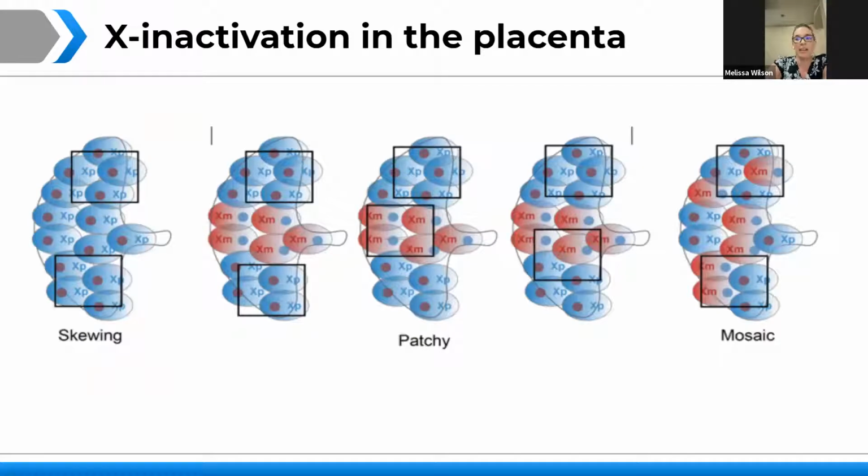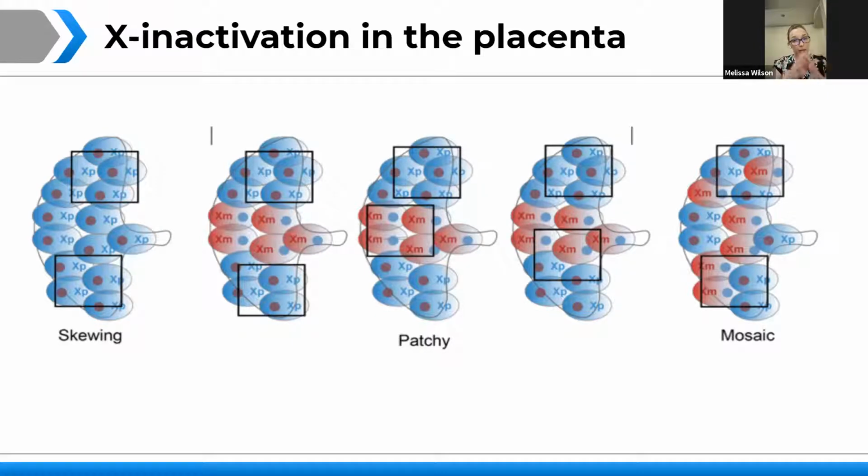So we were aiming to first distinguish between these three scenarios. We look at two different regions of the placenta, and we compare those to try to see if we can infer whether there's complete skewing, so you only observe maternal or paternal X chromosome, whether there's large patches of maternal or paternal X chromosome, or whether it's completely mosaic on the right.